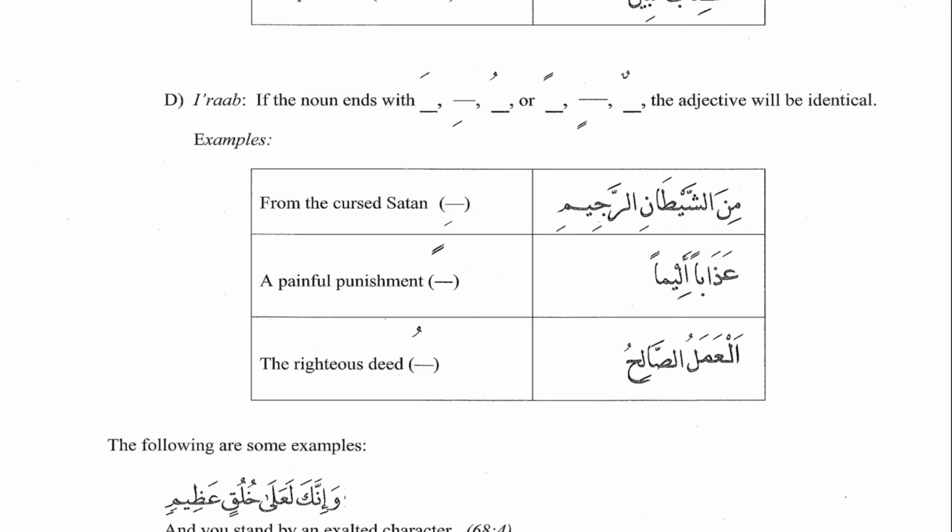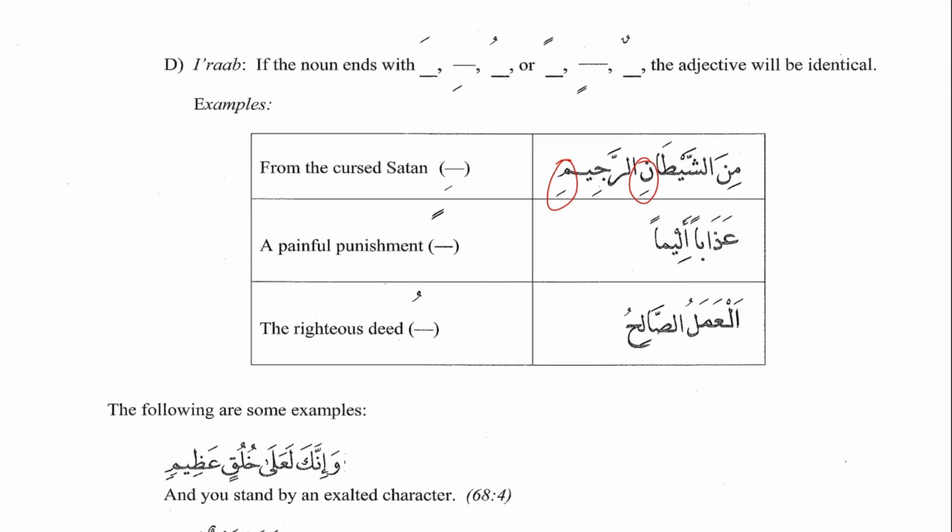And the final thing that's going to remain the same, which is highlighted in these examples, is the i'rab, right? The signs that we have on the last letter of a word. So minash shaitanir rajimi. So you see this, of course, all things being the same, even the i'rab is the same on both the letters.